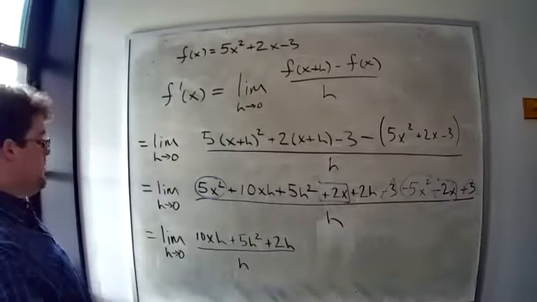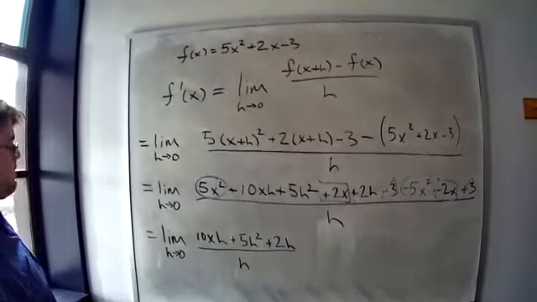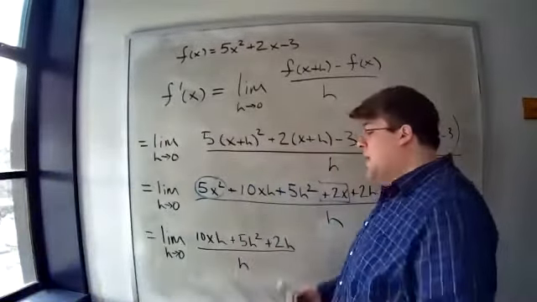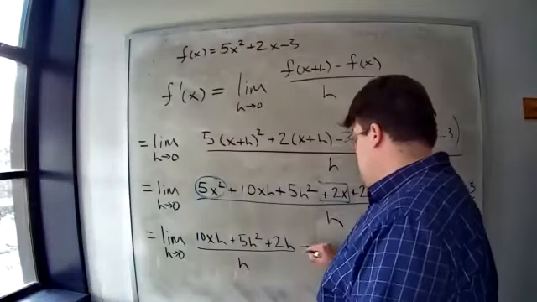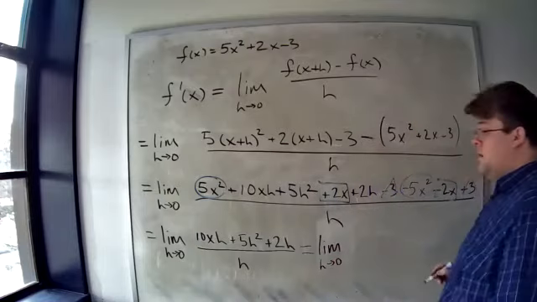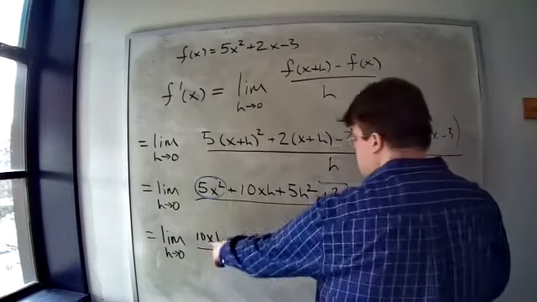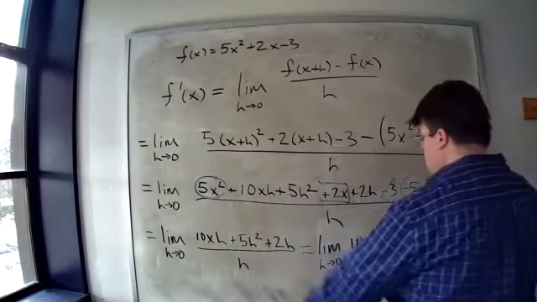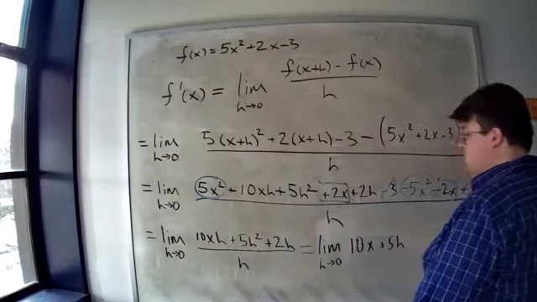Again, you let h equal 0 down here, you get a 0 over 0. But notice all of these terms have an h on them. So we can cancel an h from each term. What happens if we cancel an h from that? Well, we have 10x. What happens if we cancel an h from that? We have a 5 and an h.